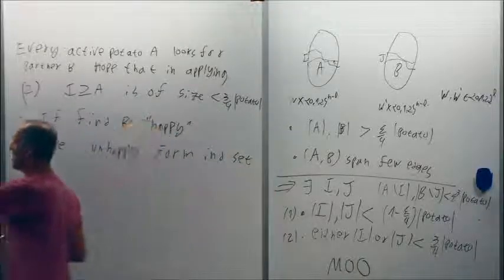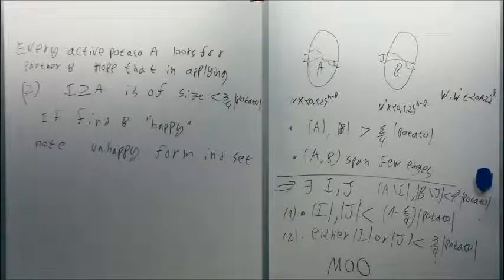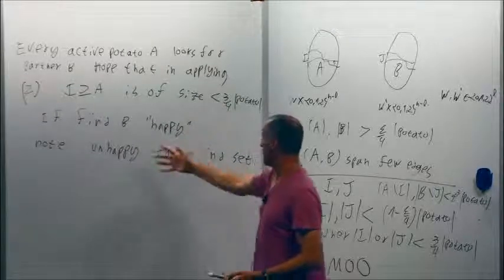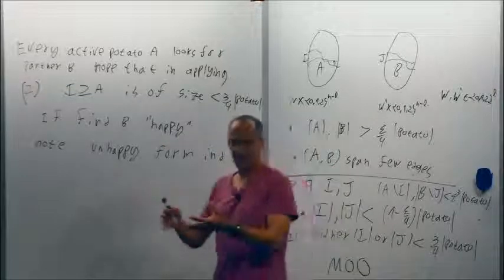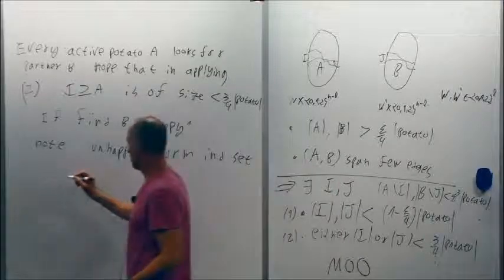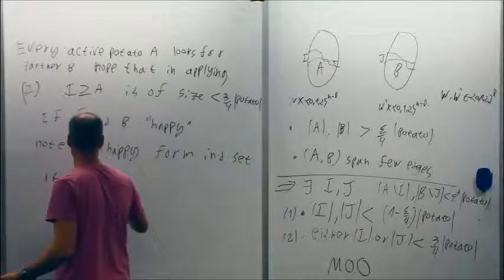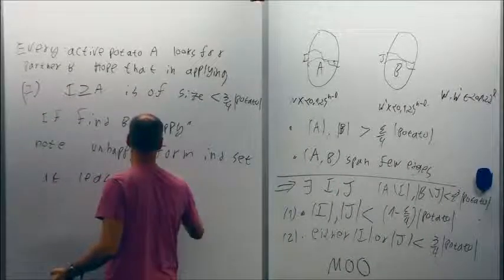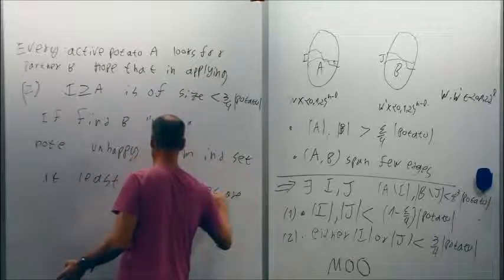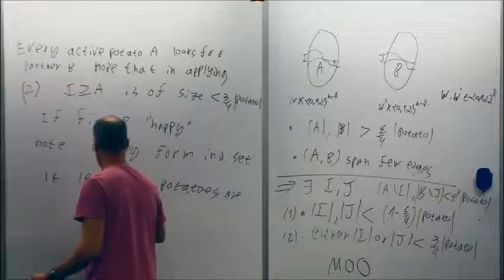Because if I have 2 unhappy potatoes, if they were connected by an edge, they'd look at each other and one of them would become happy by that. So the happy potatoes form an independent set, and in a matching, every independent set contains at most half of the vertices. So at least half the potatoes are happy.